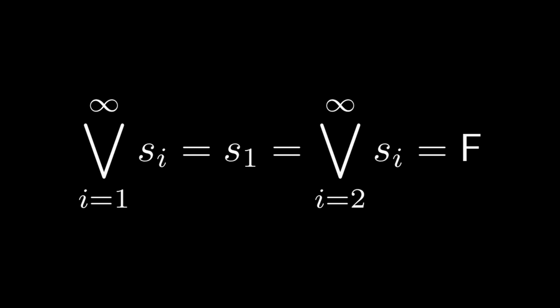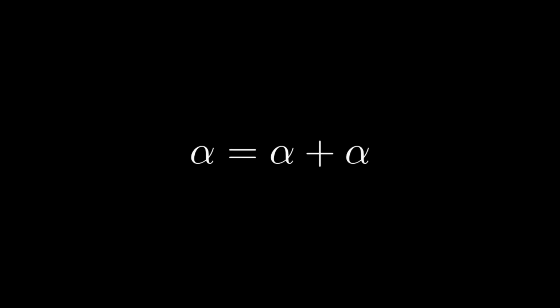All of those are false because all of the S sub i's are false, so each of those probabilities is just alpha. So we have alpha equals alpha plus alpha, and so alpha equals 0.